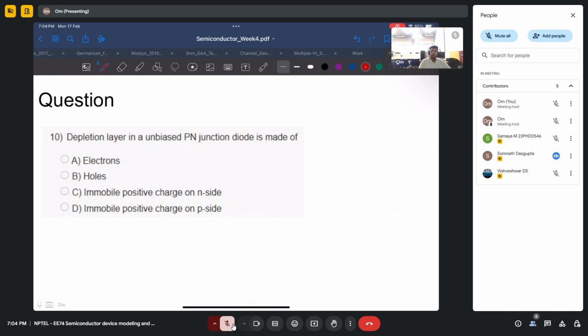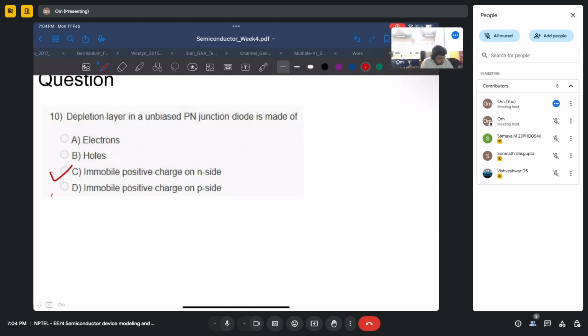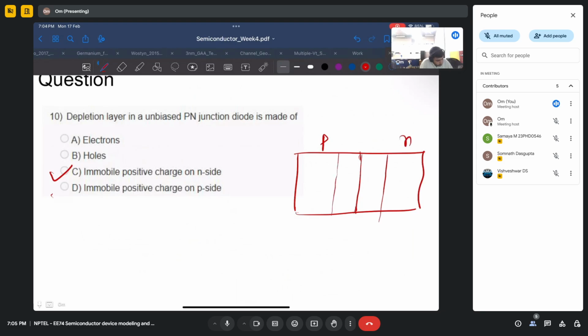Sir, option C. Yeah, option C is correct. So in N-type, it has donor atoms which donate electrons to become positively charged.